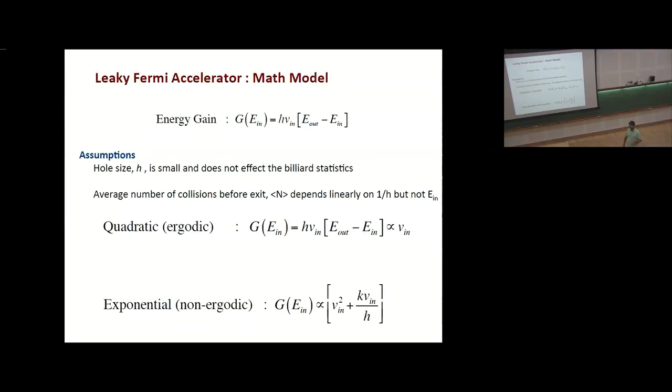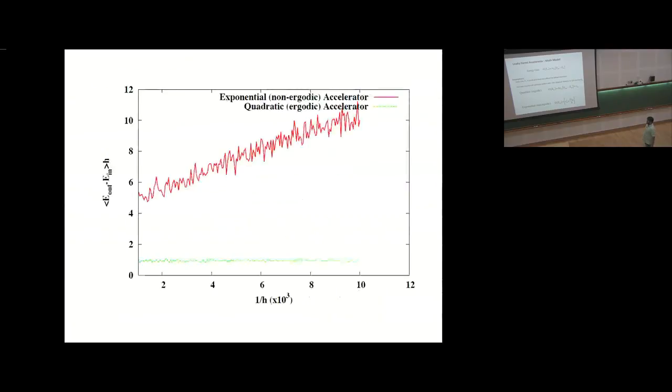So this is the most crucial point of this work: if you have an ergodic accelerator, then the net energy gain is independent of your hole size, as long as your hole is small enough. But in the exponential case, you can actually increase your energy gain by decreasing the hole size. That is a very counterintuitive thing, that you would think that if you decrease the hole size, you should not get high energy gain, but this is something that happens. So again, we did numerical simulations to verify our predictions.